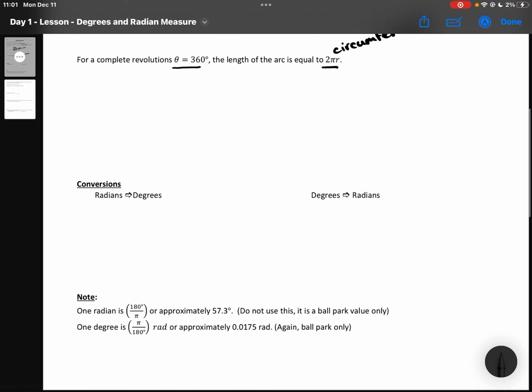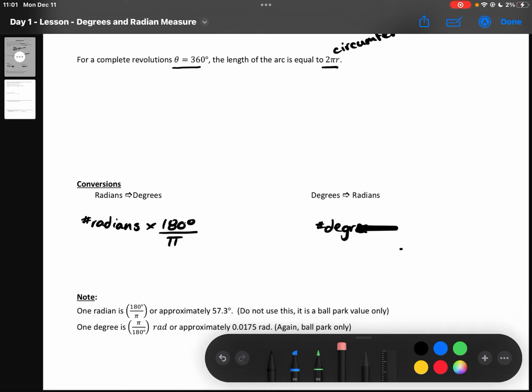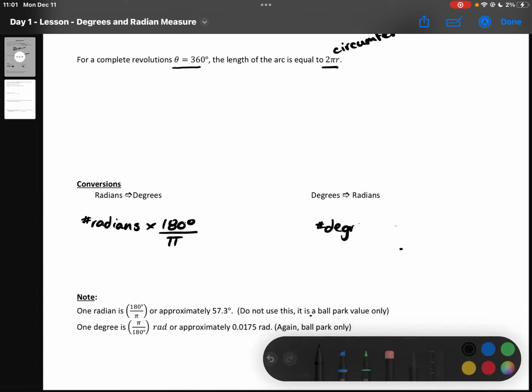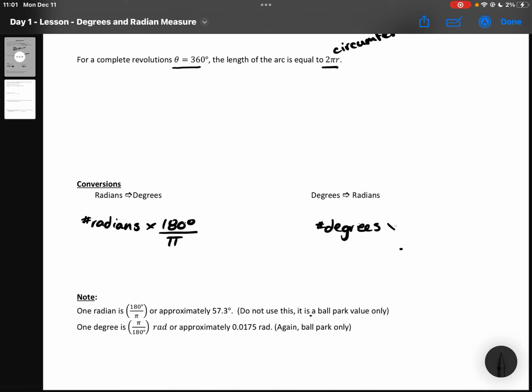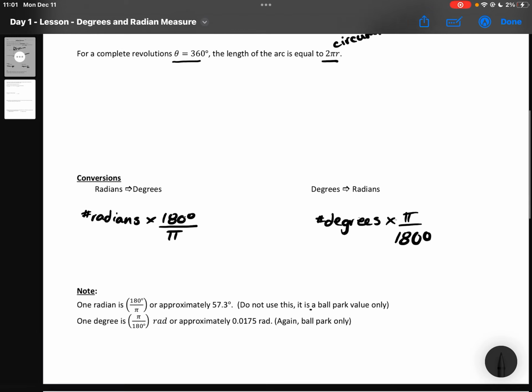So 2 things that you do need to know are how to go from radians to degrees. In this case, you take the number of radians and you multiply by 180 over pi. And if you're going from degrees to radians, you're going to take the number of degrees and you're going to multiply by pi over 180.